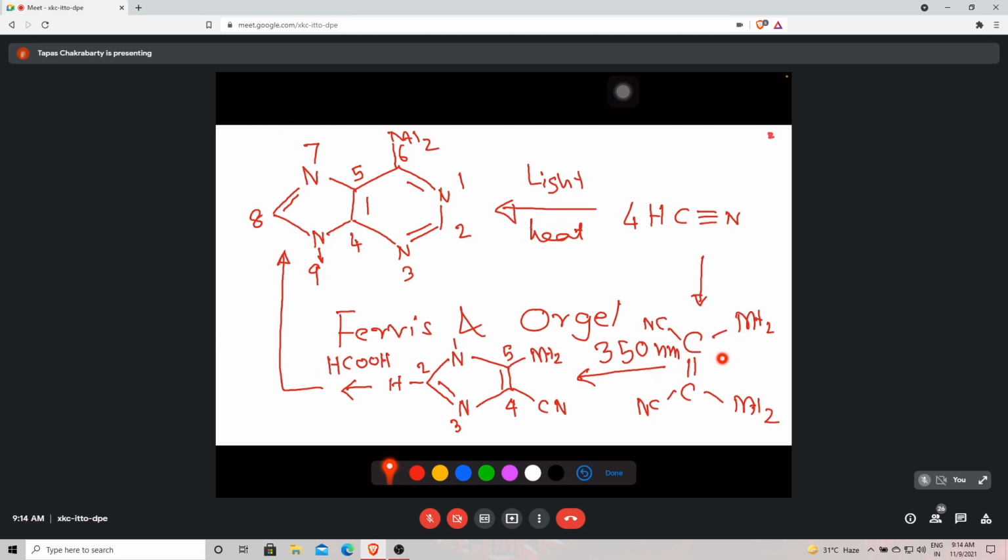And the observation was that if you shine this malonitrile with this 350 nanometer light, which is quite abundant in the present environment, in the troposphere, it produces this molecule. This is basically an imidazole derivative with an amine at the 5 position and a cyanide group at the 4 position. And if it is treated with formic acid, then very easily this is produced.